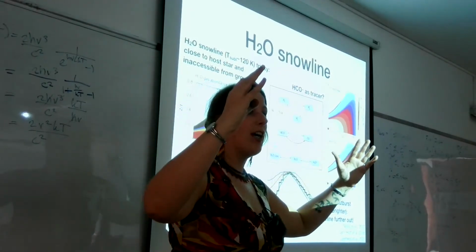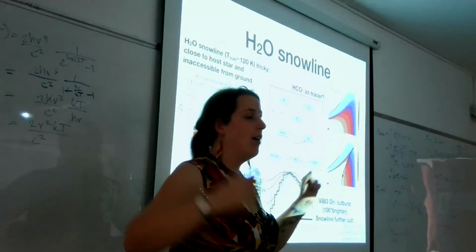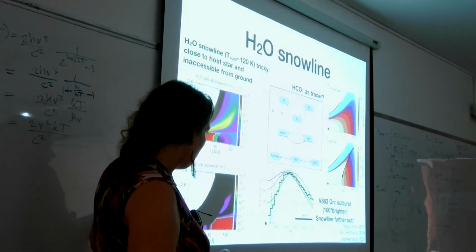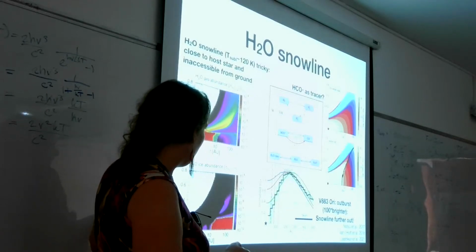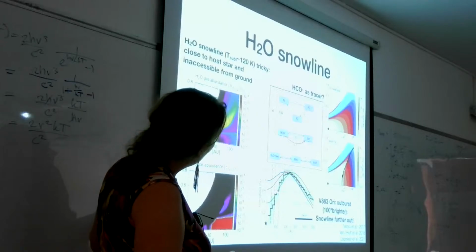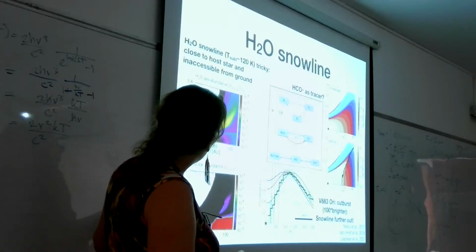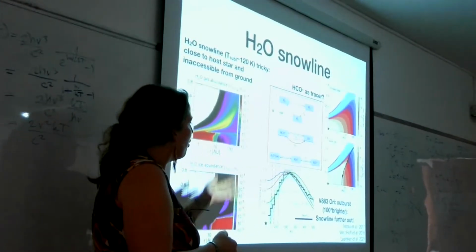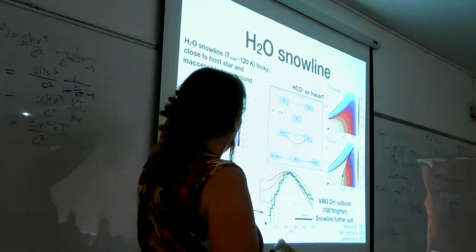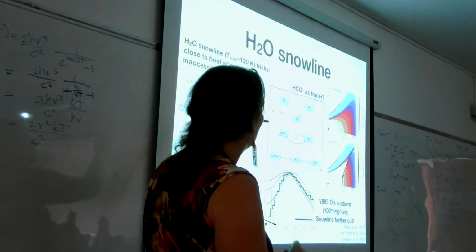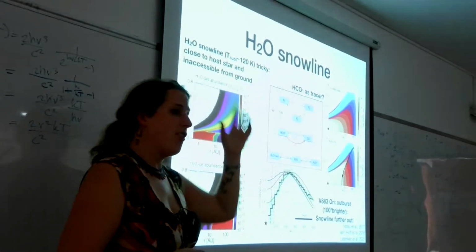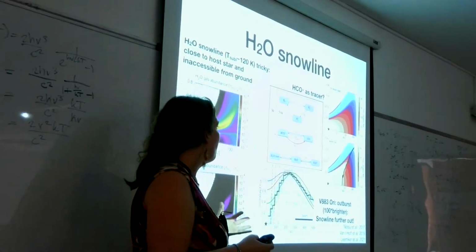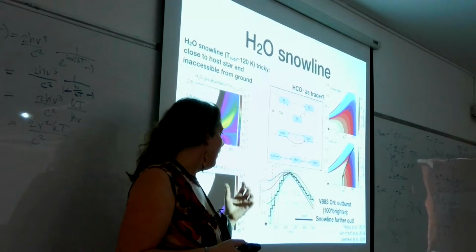And that means that the water snow line gets pushed further out. So in this case they look at the water ice, but also, of course, the CO snow line will be pushed further out, and they were able to measure that with HCO+. So HCO+ is a tracer of ionization, but has also been proposed to be a tracer of the CO snow line.